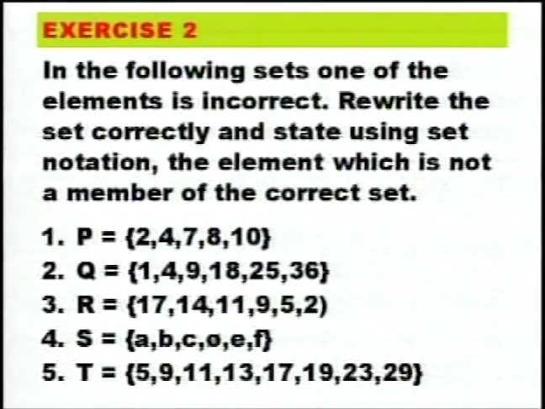Exercise 2. In the following sets, one of the elements is incorrect. We will identify the element that is not supposed to be in the set, and then state using the set notation the element which is not a member of the correct set.